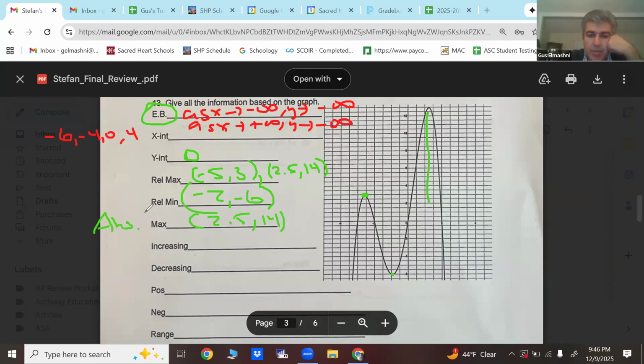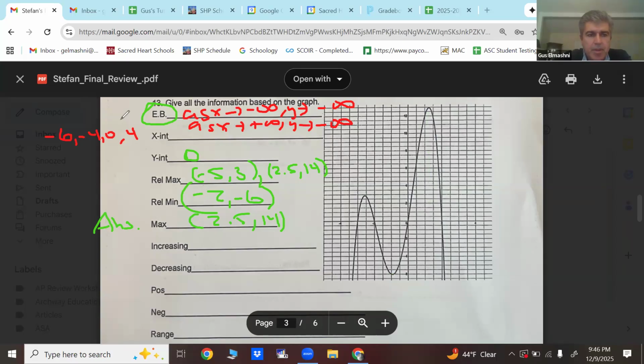Now increasing, what does it mean to be increasing? It means it's gradually increasing. So where in the graph is that happening? It's happening at the most bottom point. Well, are you able to write on the screen?